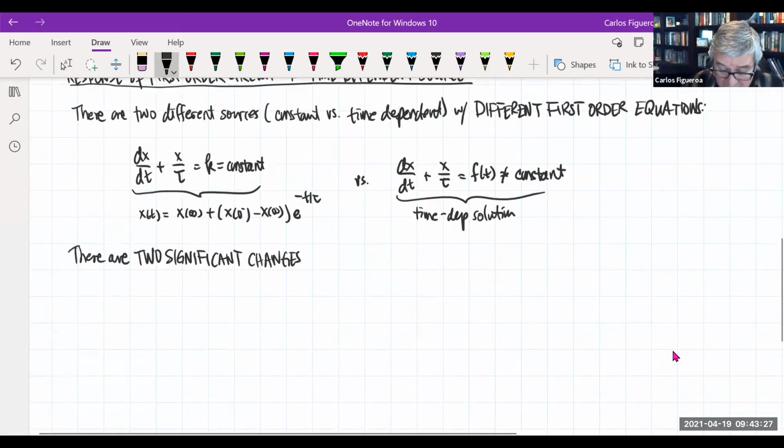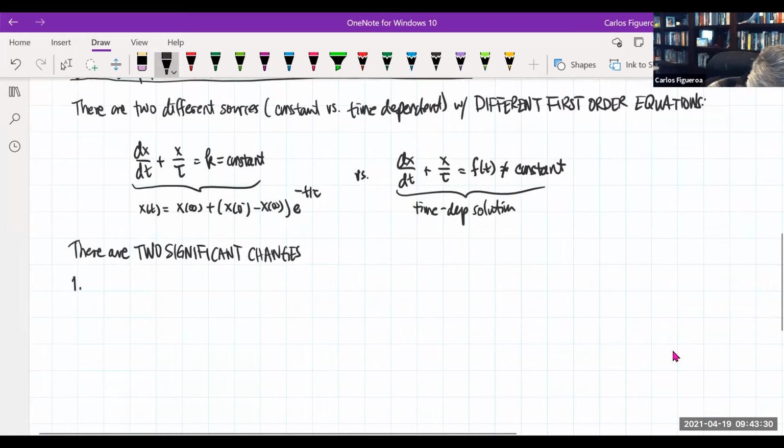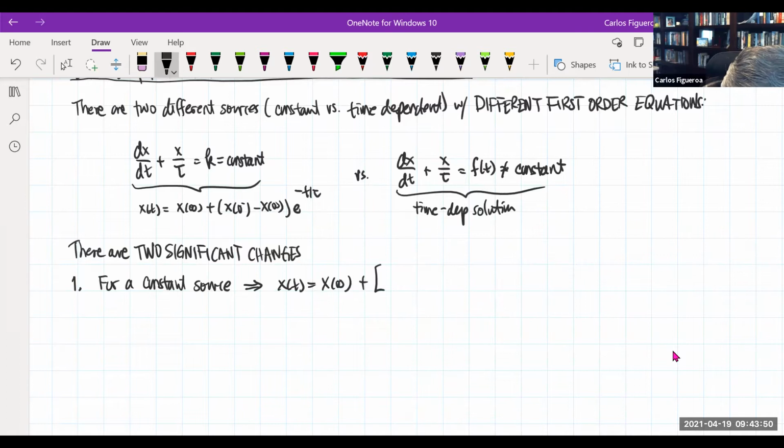Okay, so let's look at the first one. So the first one here is that for a constant source, we already know that the solution must look like this, which I've already written at the top, but I feel the need to keep reminding some of you that that's what that solution looks like.